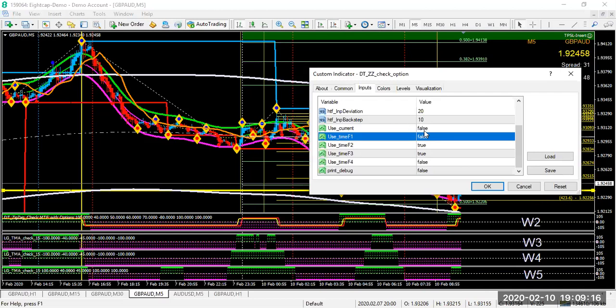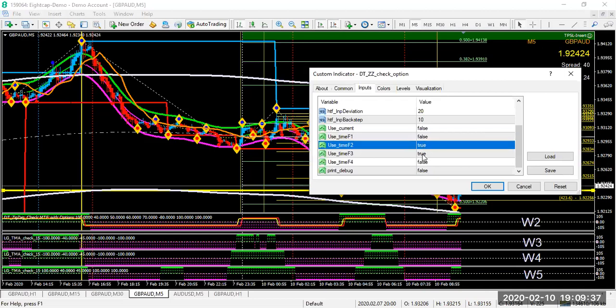Whereas we want to know whether the 1 hour has really reached its lowest low or highest high. And we'd like to compare that with the 30. So the 30 and the 1 hour have both reached highs and lows. Okay, so we're using their information, so we've ticked it true.